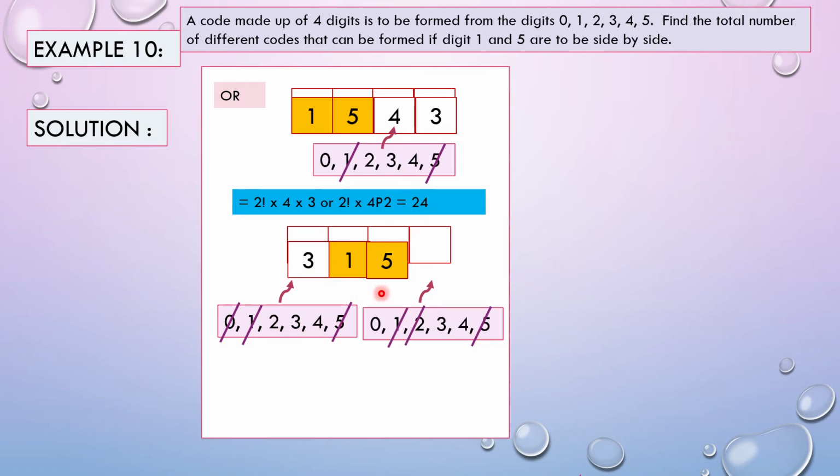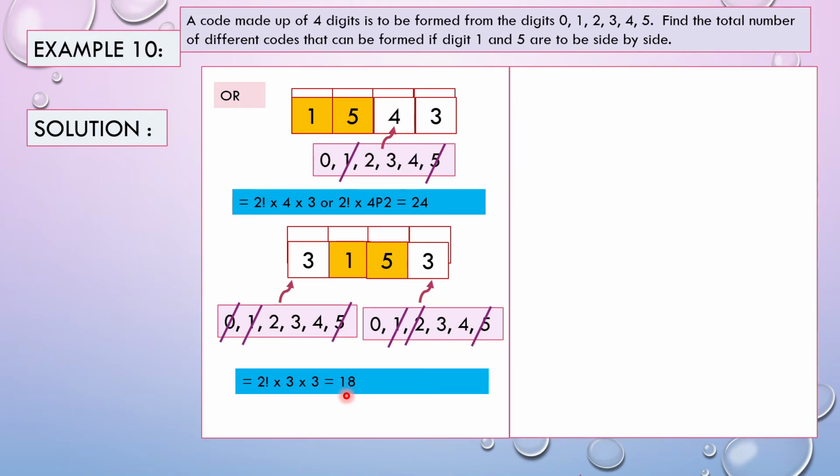And for the last, be careful, now you can put in the 0. That means we no longer have 1 and 5. Let's say one of the digits has already been taken, for example 2. Therefore, we have another 3 options for the last box. Multiply all this, you will get 18.